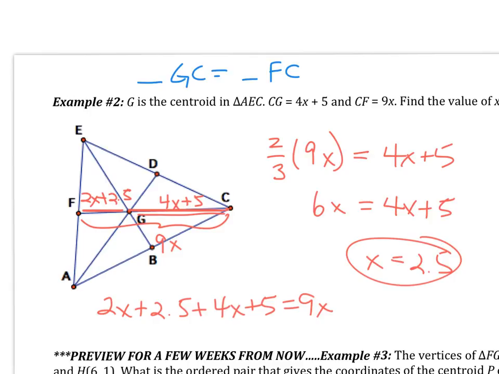Well, would you agree that 2/3 of FC equals GC? All right, and then that's what you would do. You would fill in the 2/3 in order to make the two equal to each other. So we did 2/3 of FC is equal to GC, and that's how we set it up, okay? Or, like Summer said, you can find the missing piece and then go from there, okay?